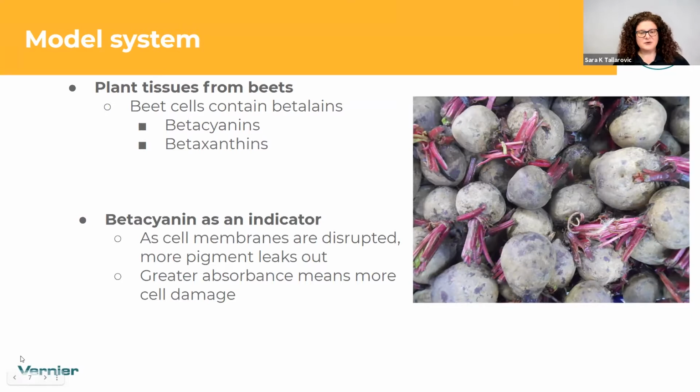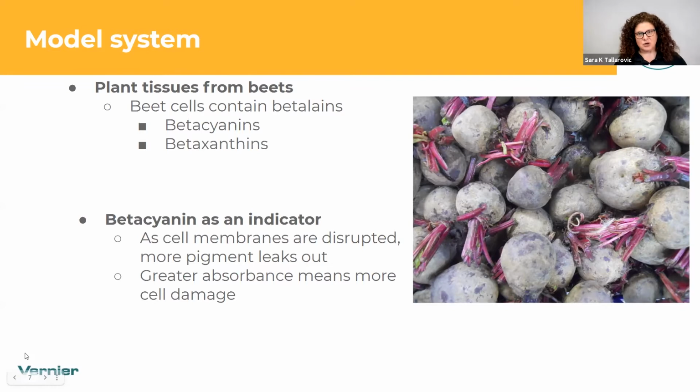So we're going to focus today on beta-cyanins and using them as an indicator of how much the cell membrane is disrupted. So you can take a cube of beet. We're going to go through that today. You can incubate it in a different type of solution. We can test a bunch of different parameters. And then as the cell membranes are disrupted, you see more pigment leaking out.